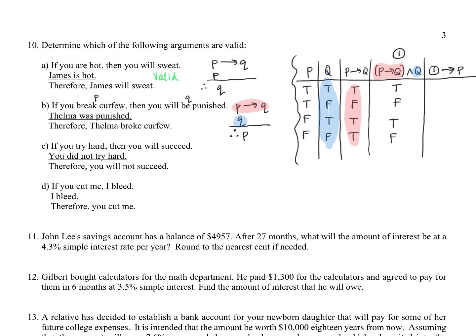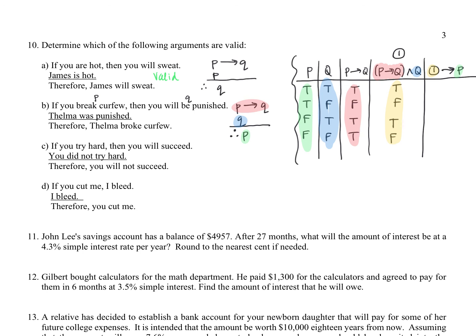And then I want to see if that lets us conclude P. Now I'm looking at 1, and actually I should probably do 1 in yellow because I already did P in green. So I'm looking at 1 and P. Does 1 imply P? Let's see what I get there.